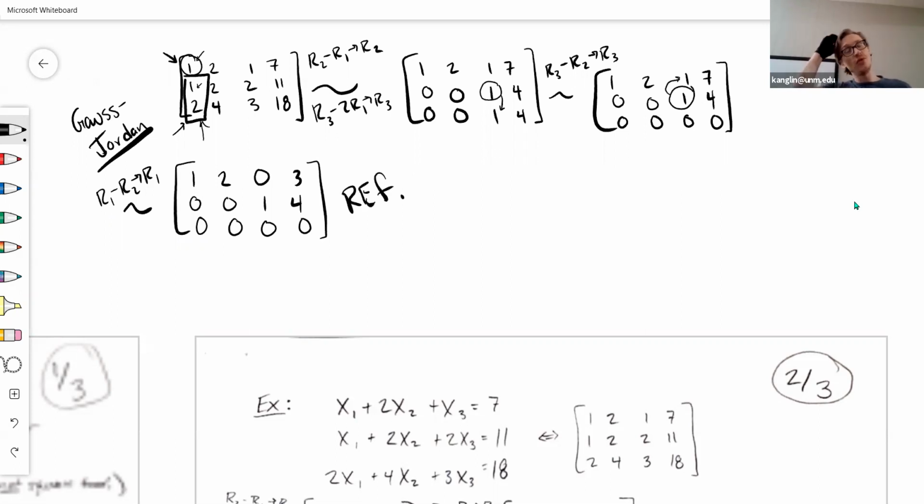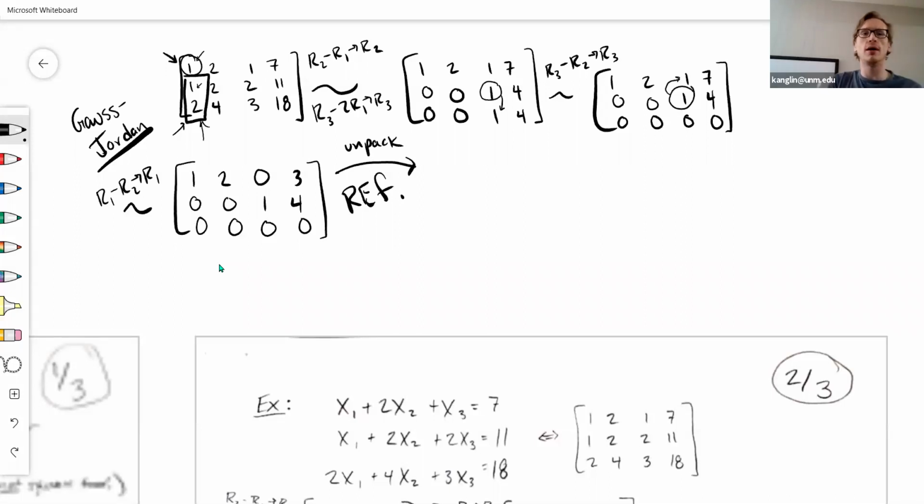Now, why is this useful? I claim all we've done is clean up our original system to its simplest possible terms. We have canceled out everything we can. In fact, we got rid of an entire equation, right? That might not be clear yet, but let's see why I say that. We unpack this now back into a system from the augmented matrix.